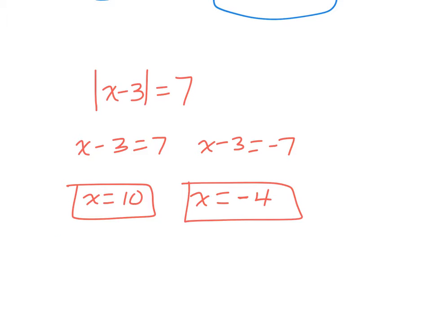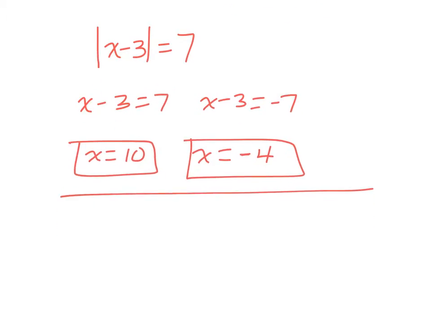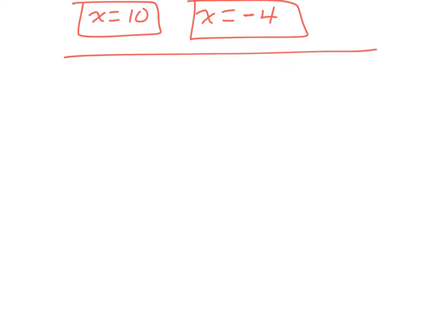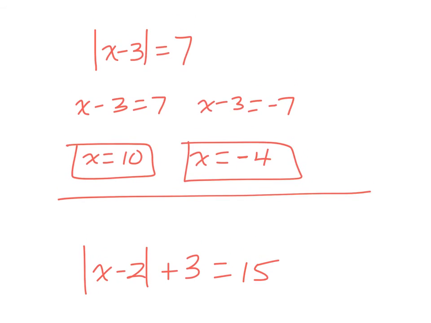Now, one last thing I want to comment on about absolute value equations, and this is going to hold for our other problems as well. If you get a problem like this, the absolute value of x minus 2 plus 3 is equal to 15, that does not fit our model right now.